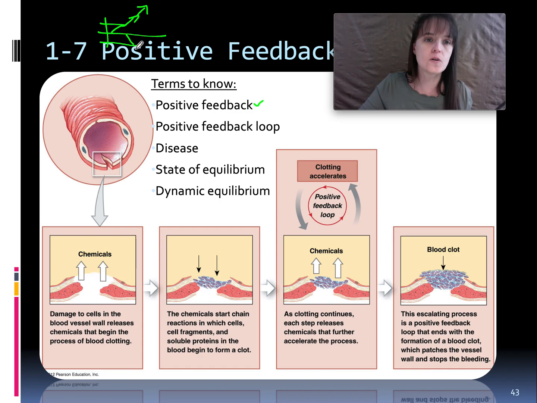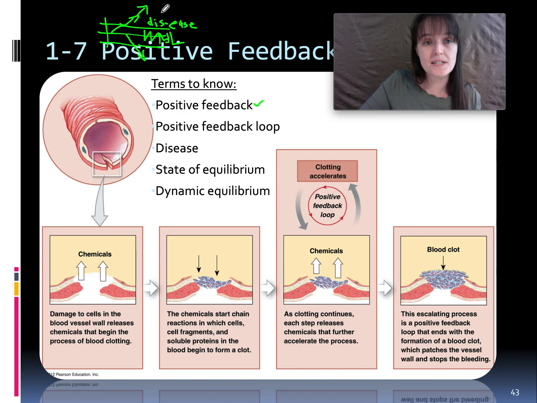What if you got too cold and your body's response was to make it colder? You'd have hypothermia. So anytime you're outside of WNL, when you're a little bit out, you'll have dis-ease, too hot or too cold, or too low a blood sugar, or too high a blood sugar.